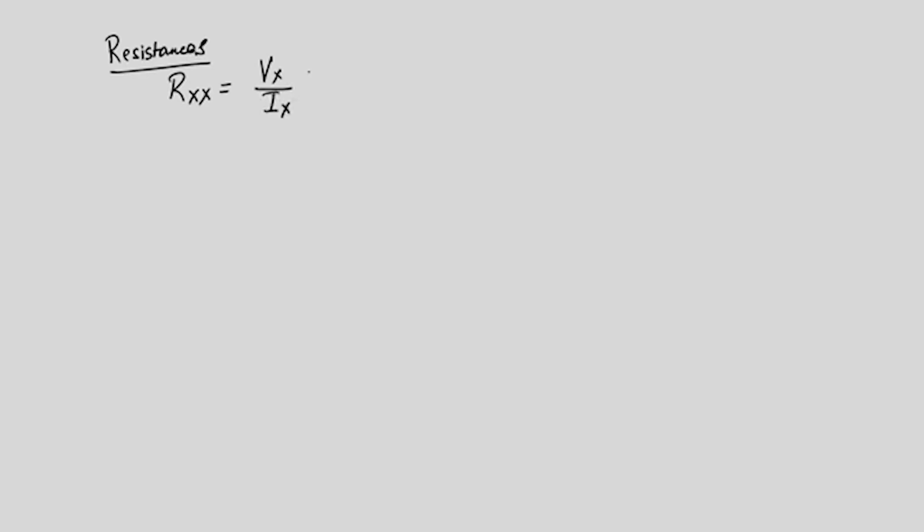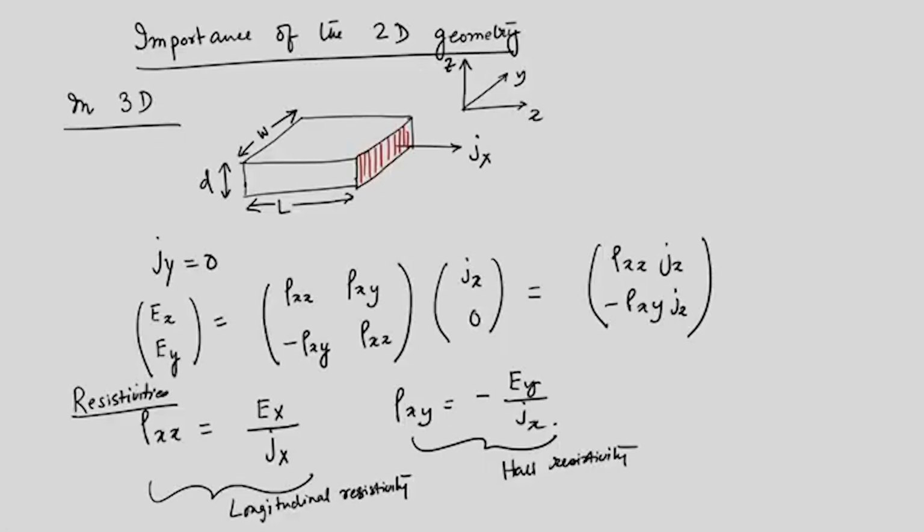That is the definition of the resistance for the xx component, which is nothing but equal to Ex into L, L is the length of the sample, divided by J into A. A is the area of the face that has been shaded in this figure. So, this is the area, which is equal to W into D. Basically, W is the width and D is the thickness.